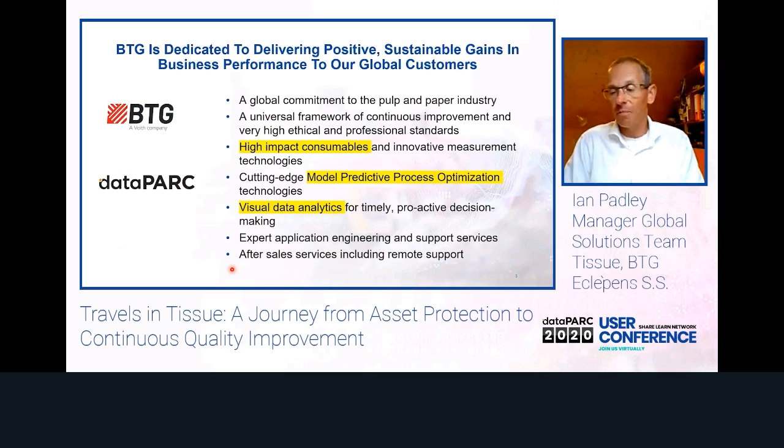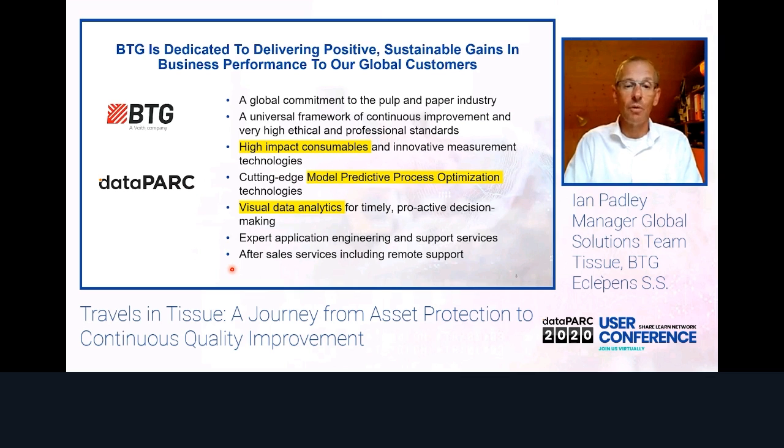BTG will be familiar to many people working in the paper industry. Without going through everything on this slide, we're probably best known for our high impact consumables that we produce out of the factory in Switzerland, and innovative measurement technologies, which are produced out of a factory we have in Sweden.